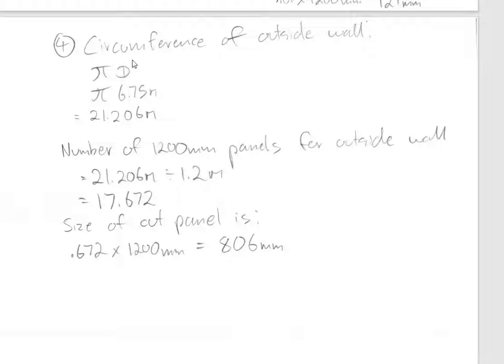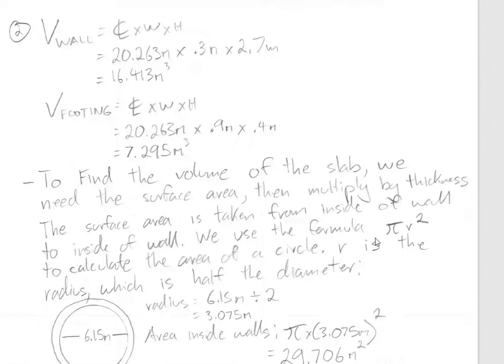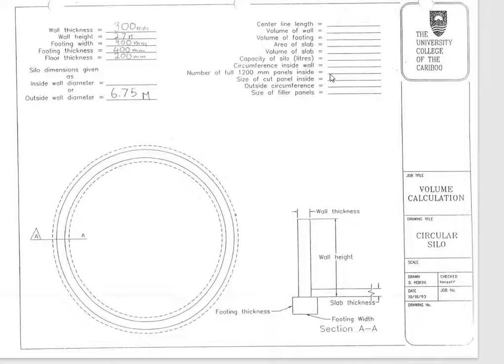Circumference of the outside of the wall, pi d. There I've taken the measurement. Sorry, that's the outside. Let's go to the inside. Inside first. 6.15 would be the inside of wall diameter multiplied by pi. Gives us a circumference of 19.321 meters. Now we punch that into our answers up here.